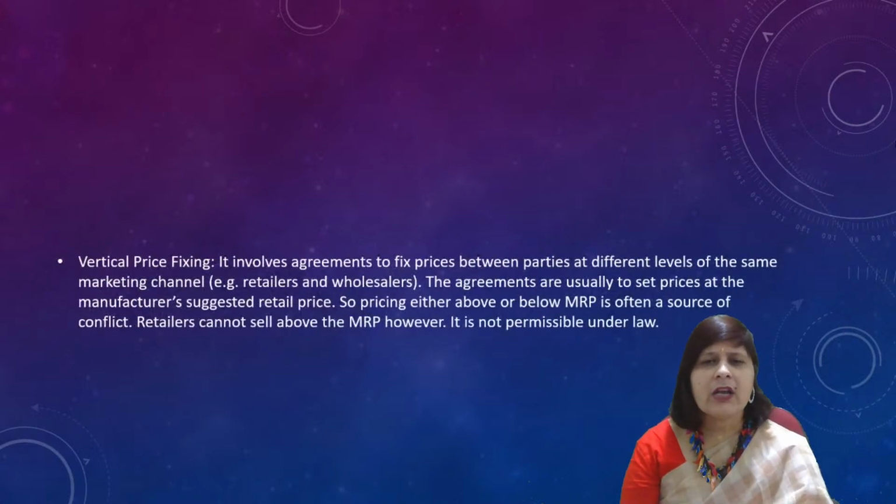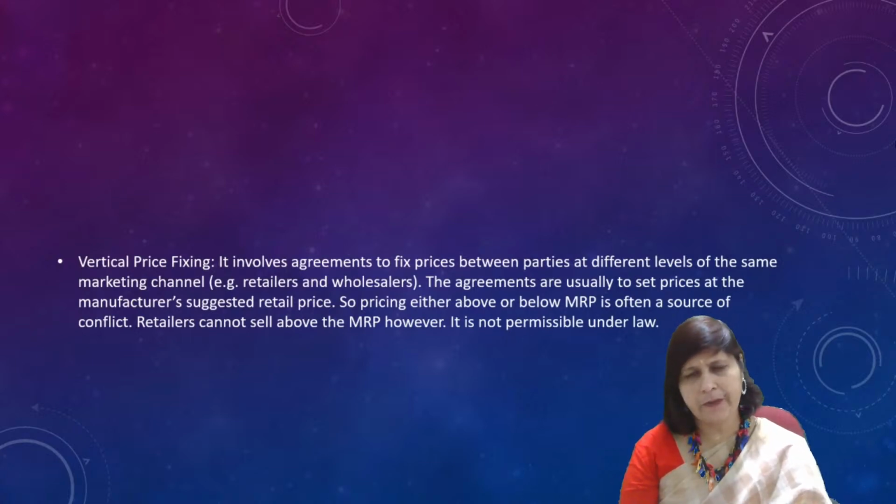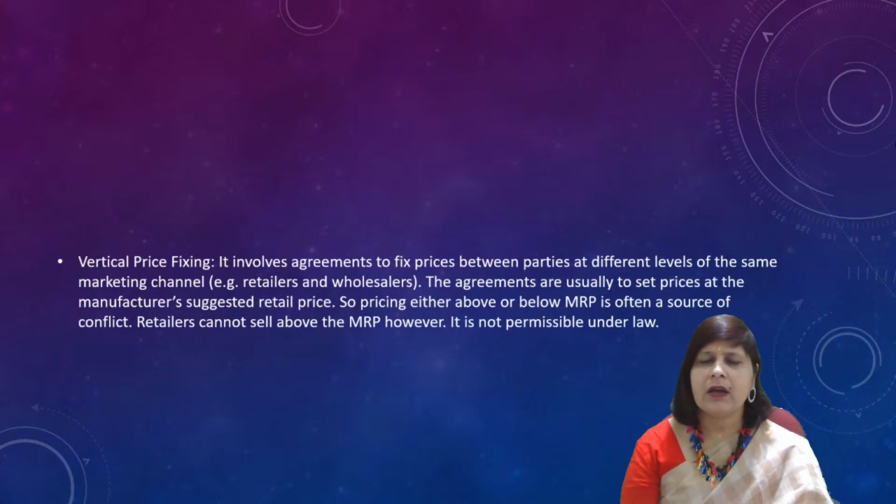Next is vertical price fixing. What is vertical price fixing? It involves an agreement to fix a price between parties at different levels of the same marketing channel. The agreements are usually set at the manufacturer's suggested retail price. So pricing either above or below MRP is often a source of conflict.